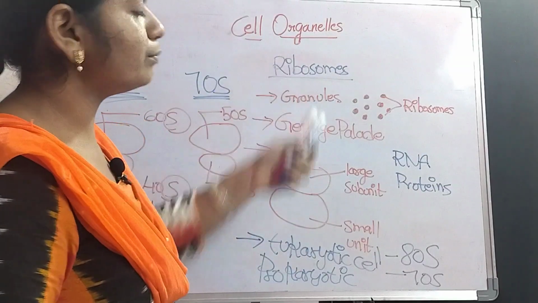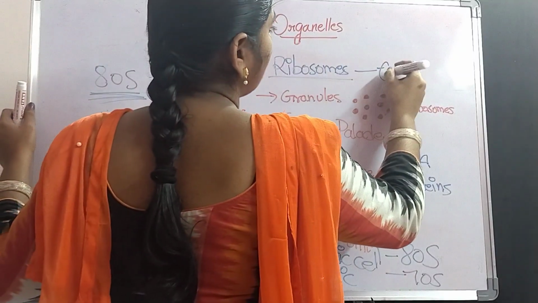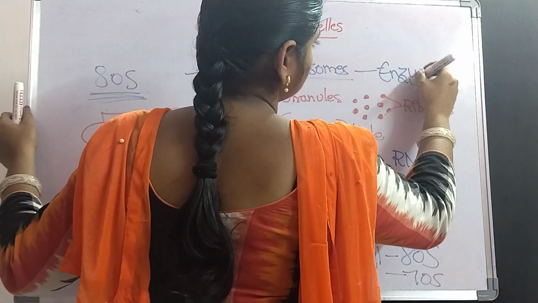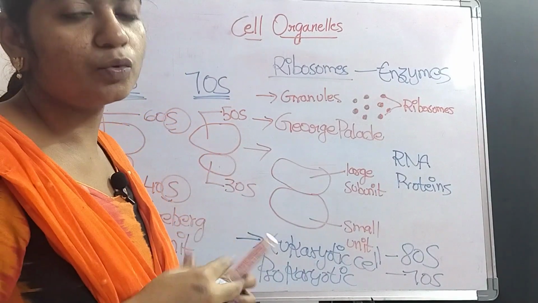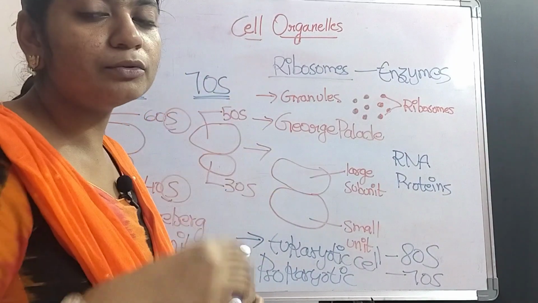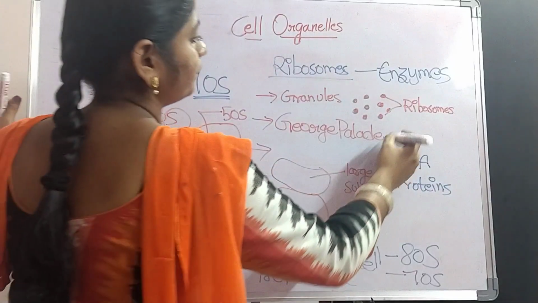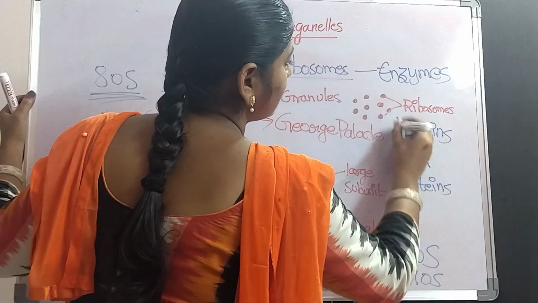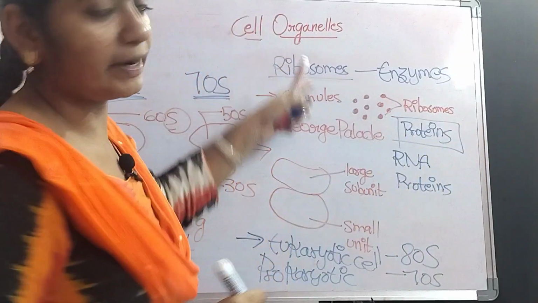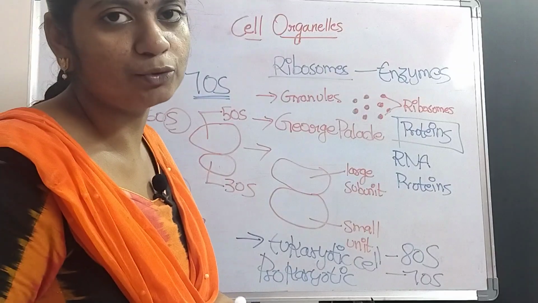And the ribosomes contain a number of enzymes also. What is the function of the ribosome? The ribosomes are helpful for the process of protein synthesis. So formation of proteins takes place through the ribosomes. So this is about the complete structure and function of the ribosome.